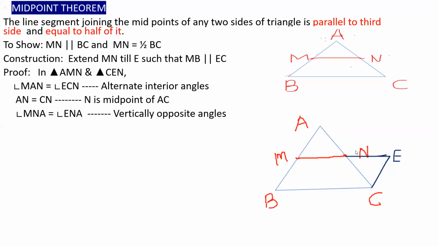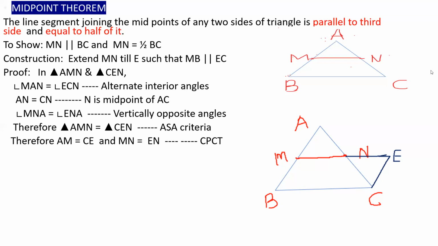Next, angle MNA is equal to angle ENC, vertically opposite angles. Therefore, by the ASA criterion, triangle AMN is congruent to triangle CEN. Once we prove that the triangles are congruent, their corresponding parts are also equal. So AM is equal to CE and MN is equal to EN.